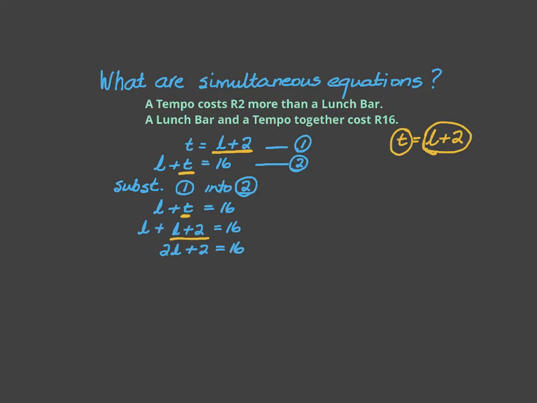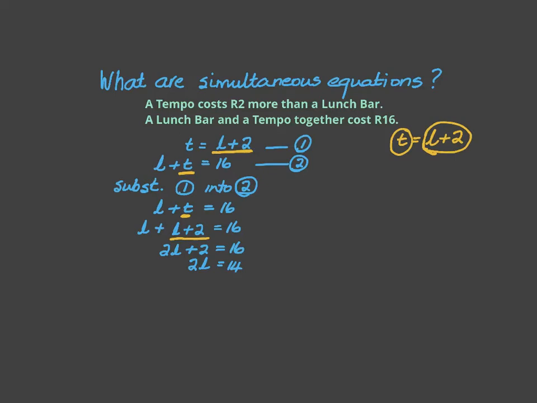I need to isolate this 2L, so I'm going to subtract 2 from both sides. If I subtract 2 from the left-hand side, I'm left with 2L. And if I subtract 2 from the right-hand side, 16 subtract 2 is 14.